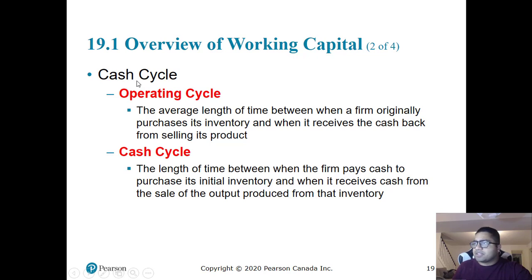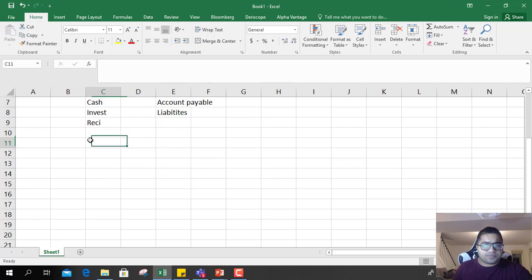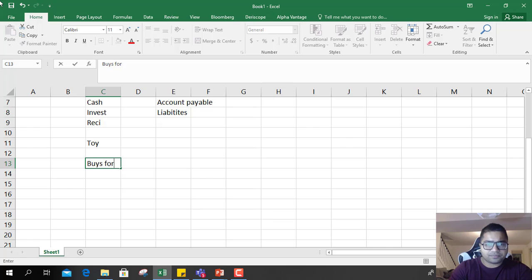So the first important thing, before we go to managing working capital, is you need to understand what an operating cycle is and what a cash cycle is. So let's discuss. We are discussing a toy company. Let's say it buys toys from China.